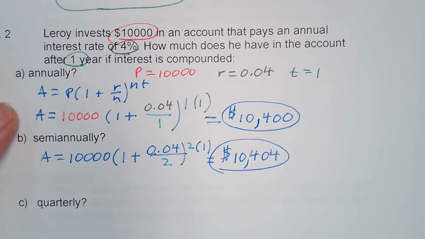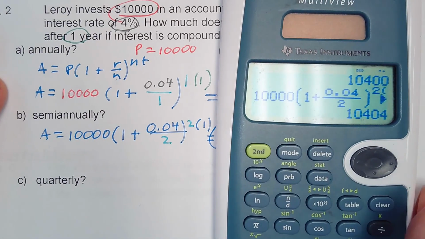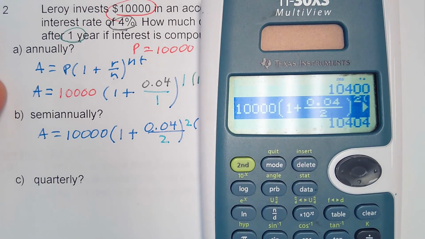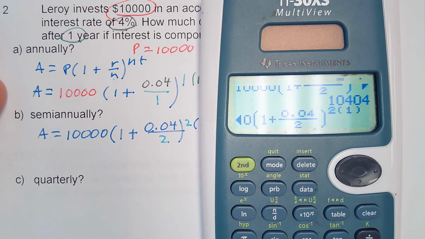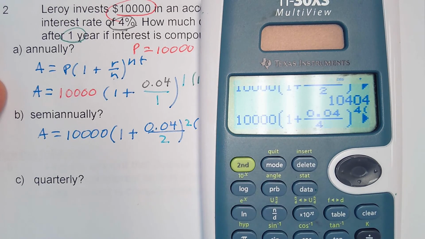Okay, for part C, we're doing quarterly, so now n is 4. Again, I'm not going to retype that whole thing. All I'm going to do is go over here, change that 2 to a 4, and change that 2 to a 4. That's the only thing I'm doing.